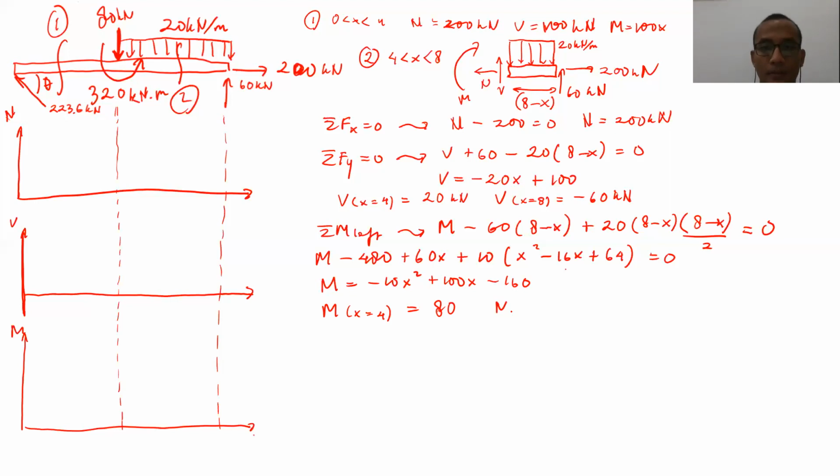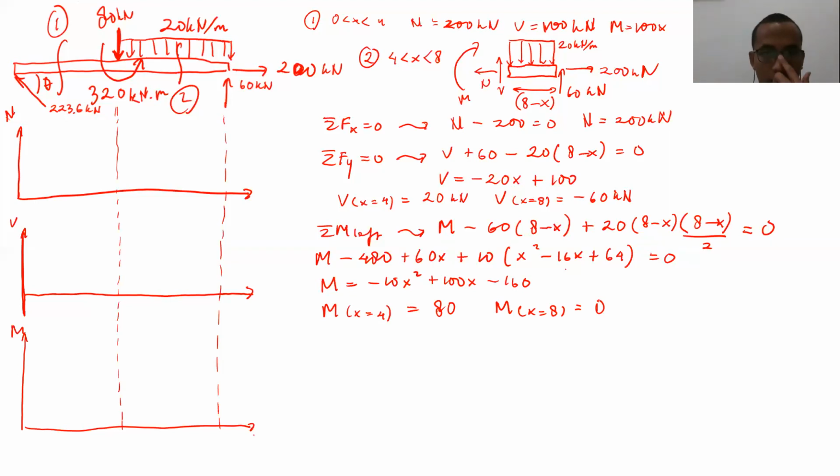And then the moment value at x equal to 8. Minus 640 minus 160 plus 800. Okay, the value there is supposed to be 0. Okay, this one is correct as well.